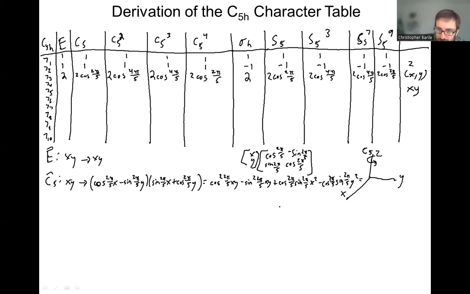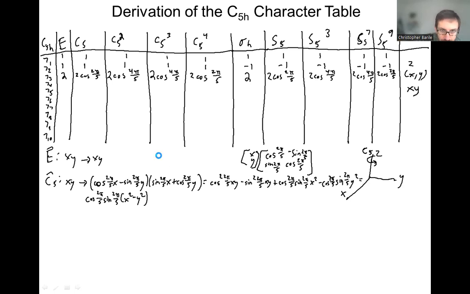And all of that is going to be equal to, well, what can we do here? We can factor out some terms. We can factor out a cosine 2 pi over 5 sine 2 pi over 5 times x squared minus y squared. And then we can factor out an xy, and that term is going to be cosine squared 2 pi over 5 minus sine squared 2 pi over 5.